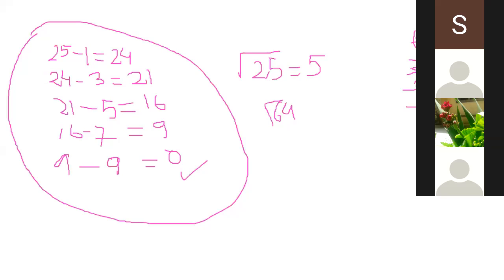Karishma ji, the LCM process. Just bring that copy in front of the camera. I want to see. Don't share it. Just bring your copy in front of the camera.